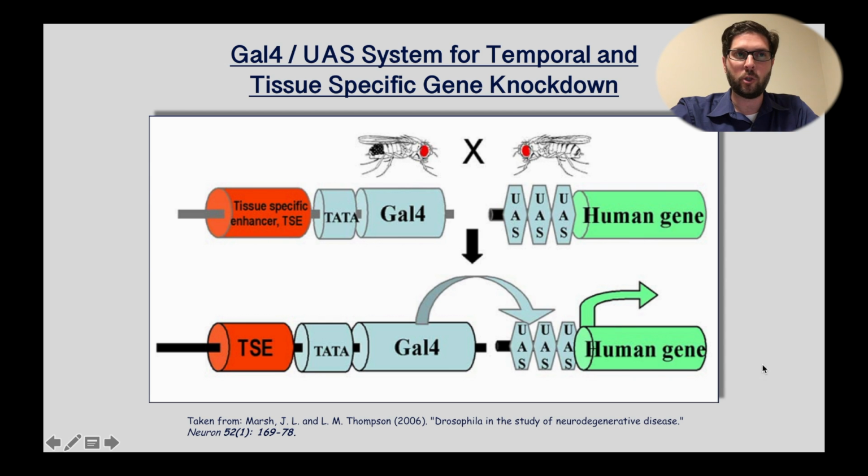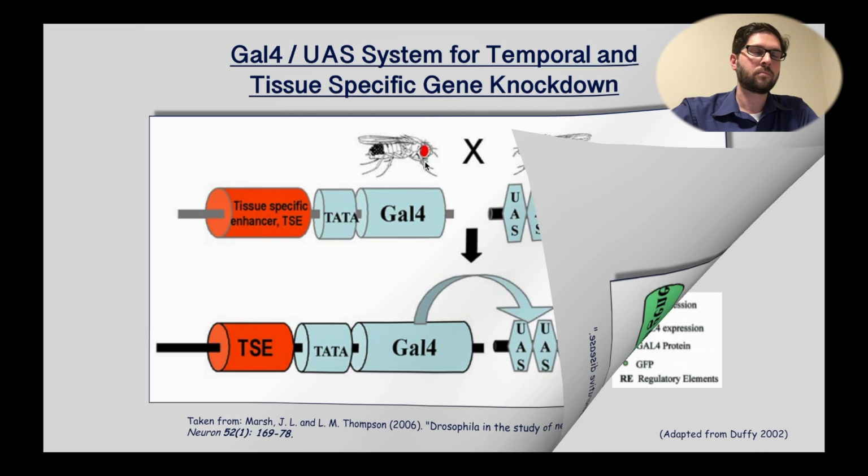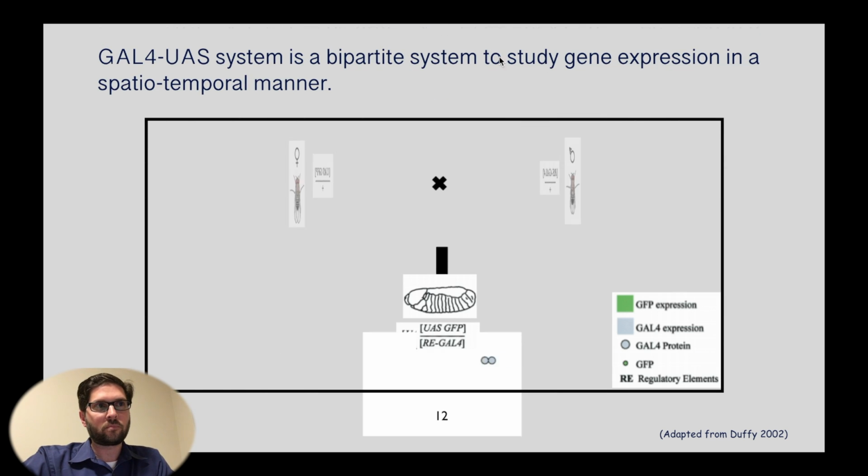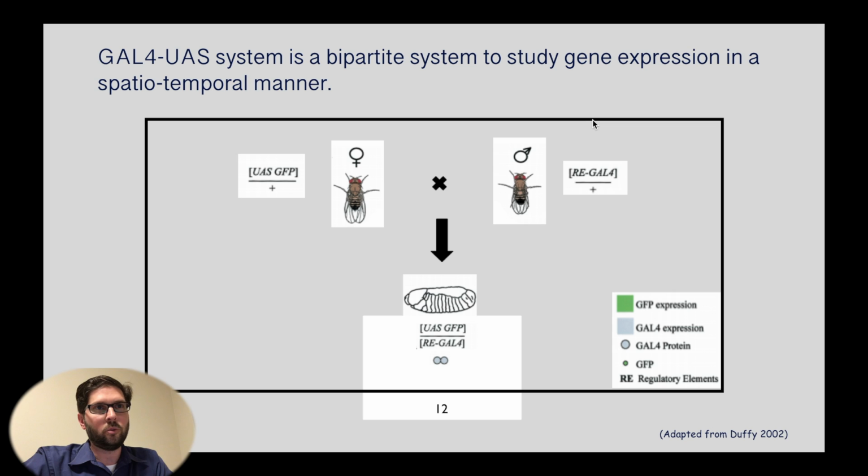So that can be a human gene, or that could be, for example, an RNA interference construct which creates a double-stranded RNA which could be utilized to specifically knock down a Drosophila gene in a tissue and temporal specific fashion. So it's a bipartite system which allows you to control gene expression.